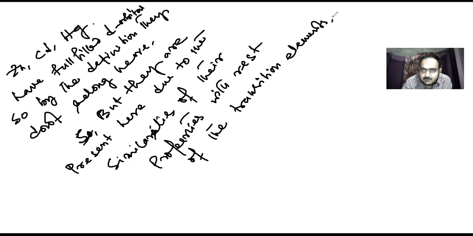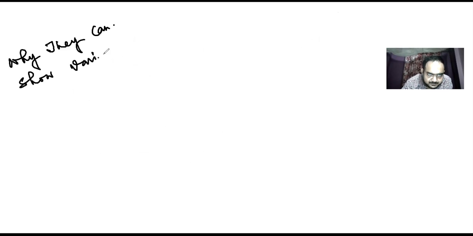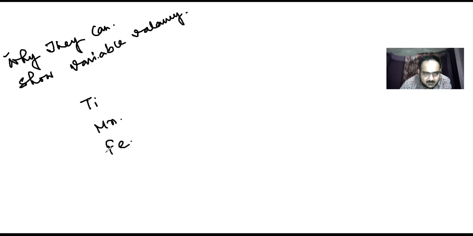At first we'll see why they can show variable valency. You can see in case of titanium, manganese, iron, etc. I'm picking up random examples here.